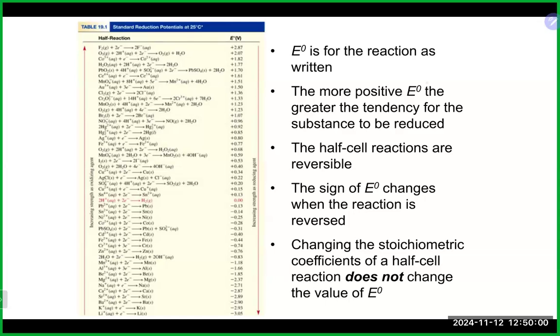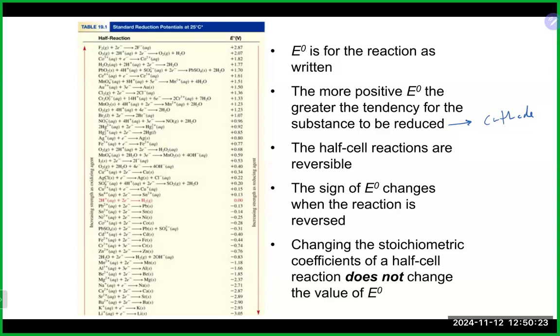The more positive E value is the greater tendency of that substance to be reduced, and the substance that gets reduced is the cathode. So if you're not given any information about how that galvanic cell works, you go with the more positive one as your cathode. Obviously, in that case, the more negative one should be your anode.